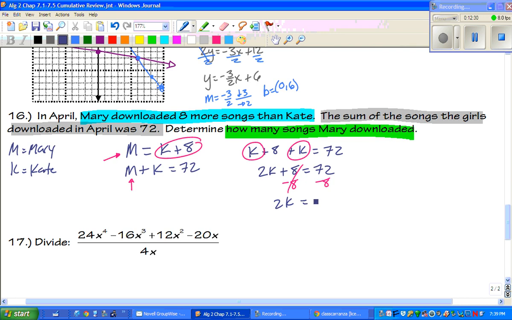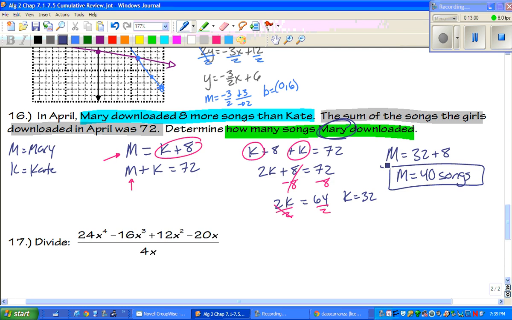We get 2K equals 64. And then divide everything by 2. We get K equals 32. But what they want is Mary. So Mary equals 32 plus 8. So Mary equals 40 songs. Always remember to look at what they're asking for.